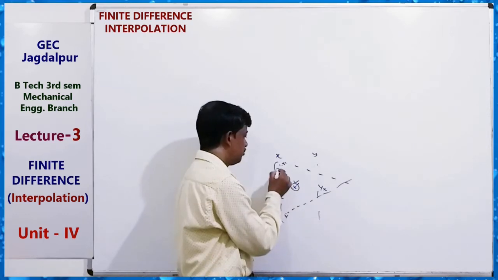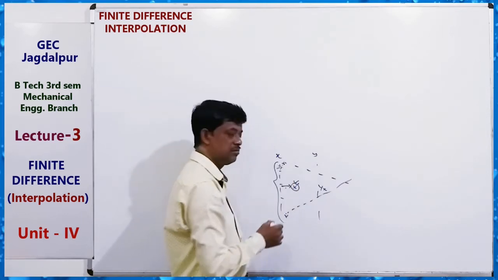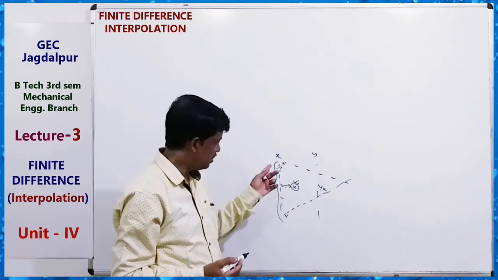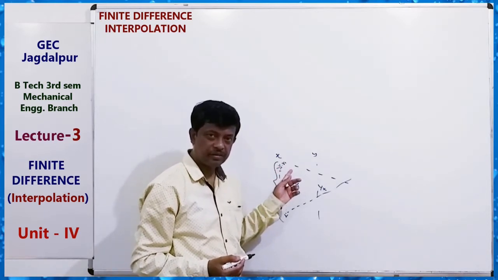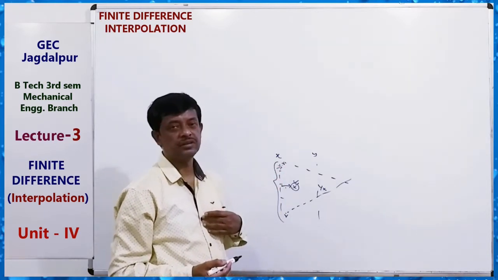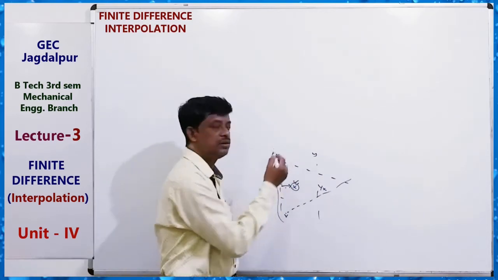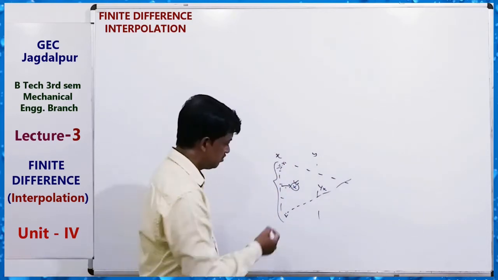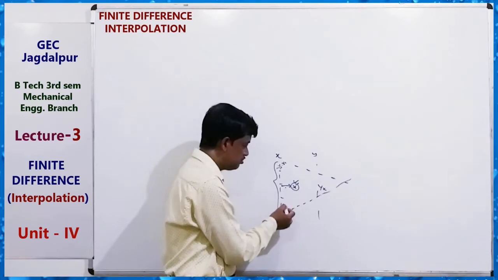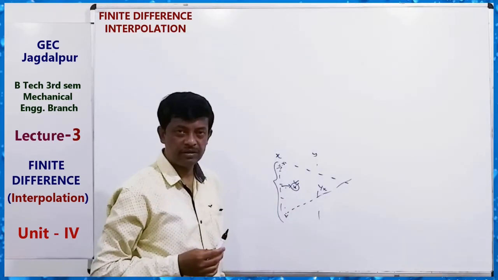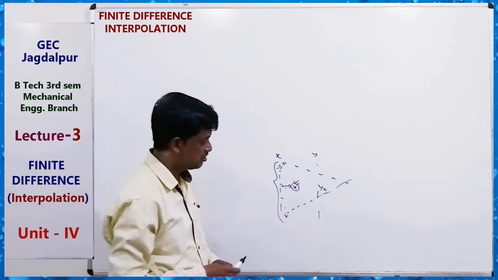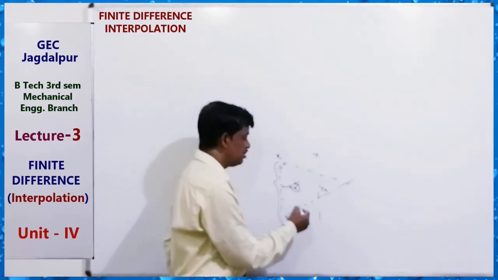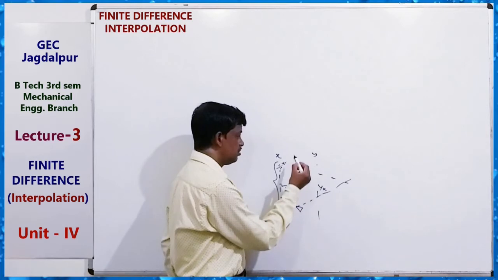So whenever the values are likely to lie in the beginning of the table, we use the forward interpolation formula, and when the targeted value lies in the end of the range of values of x, we use the backward interpolation formula.